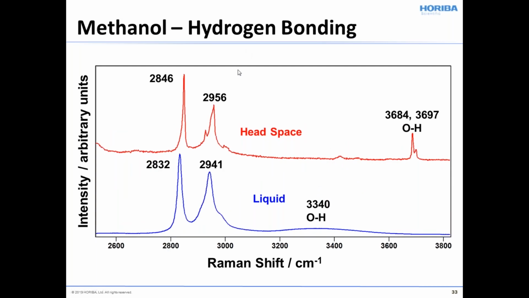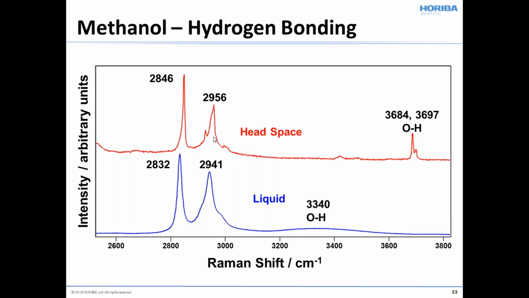So if you look at methanol, again, here's the OH, the symmetric and antisymmetric stretches of OH well resolved in the vapor phase, way out at high energy, 3684, 3697, and then a substantial shift and broadening because of hydrogen bonding in liquid methanol, right?